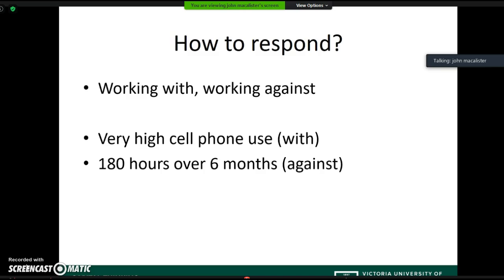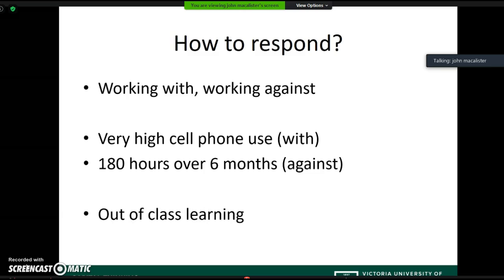So what do I mean? To overcome the constraint, to work against the constraint of time, the obvious thing would be to say, okay, how can we promote out-of-class learning to increase the time that the students spend learning the language or engaging with the language?